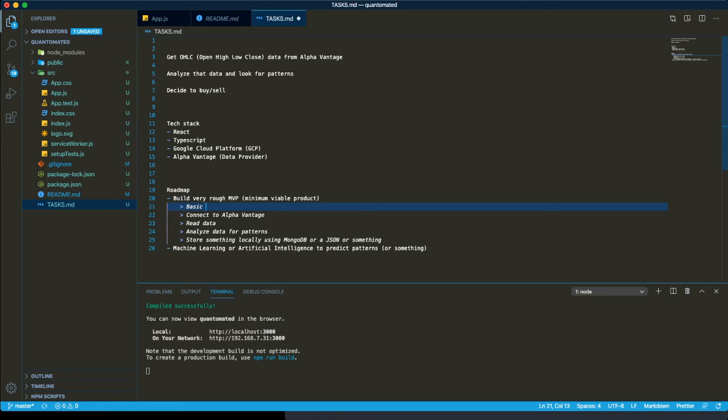And then in my MVP, let's see, I want to have kind of basic, what are called indicators. So that would be something called a moving average, something called a simple moving average.